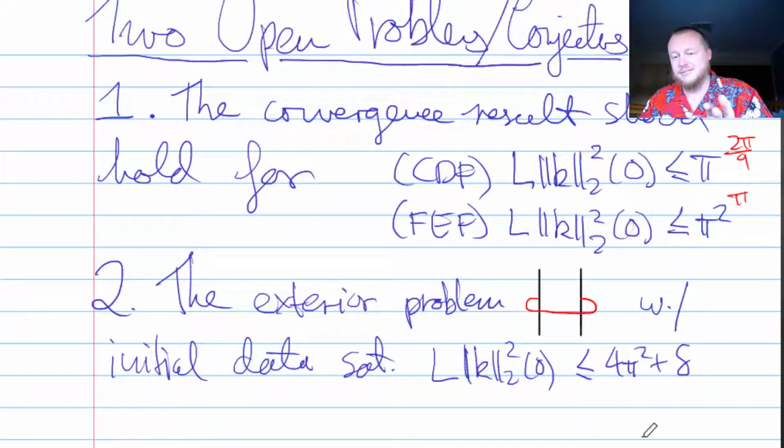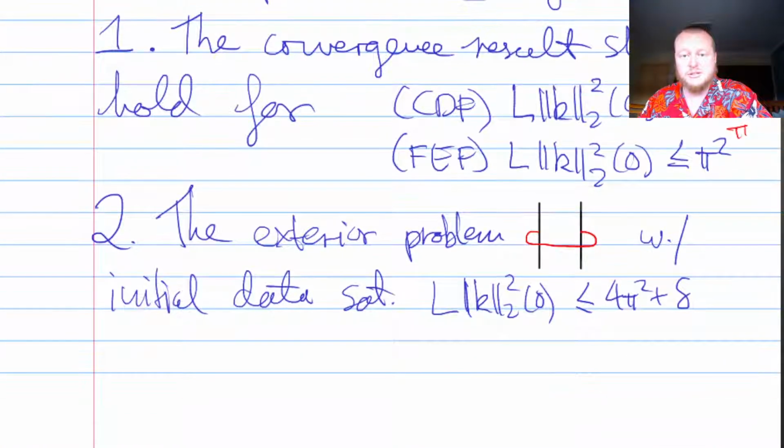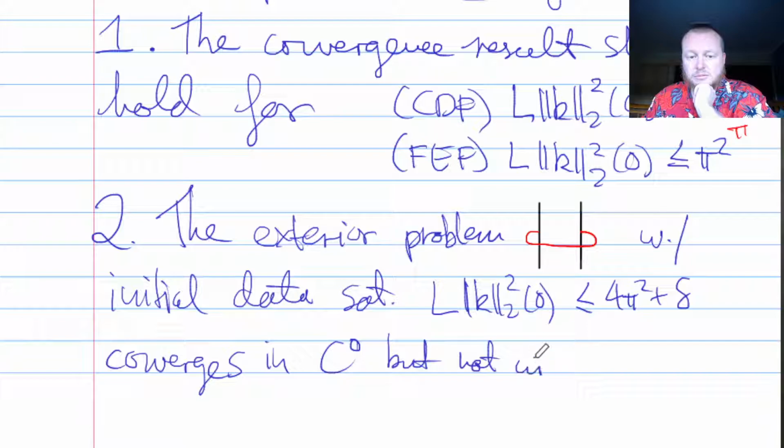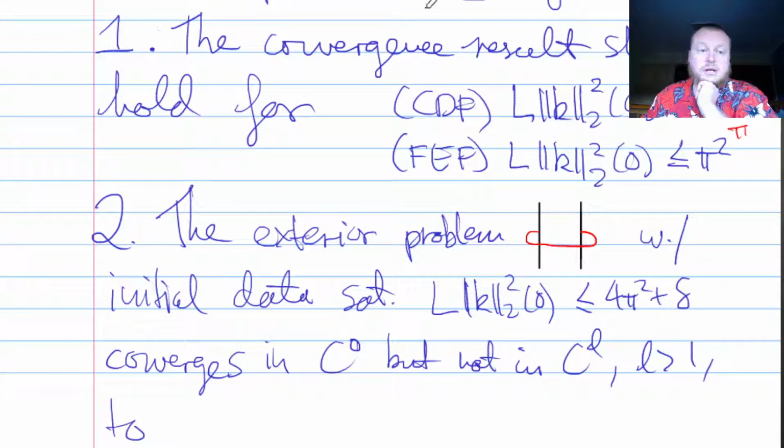So for this second problem, I would let the delta be as small as you like because the conclusion is very tricky. So the conclusion is that this should converge in C0, but not in CL, where L is bigger than 1, to the straight line.